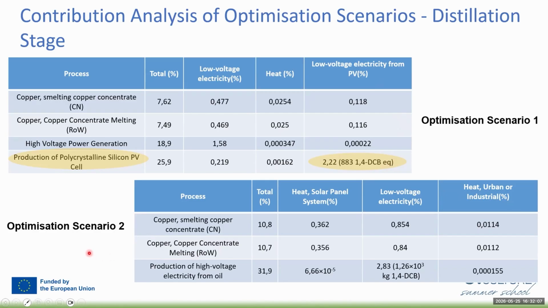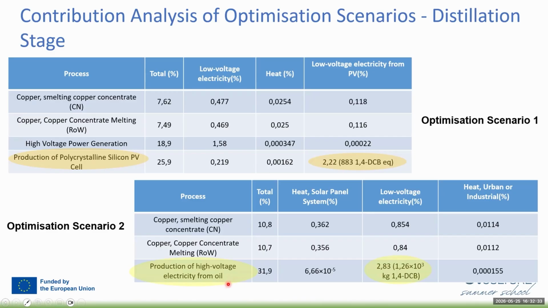Our analysis shows that the dominant environmental burden in this scenario is still heavily related to low voltage electricity, and specifically the production of high voltage electricity from oil. This proves that a thermal intervention alone is simply not enough for a meaningful environmental improvement.